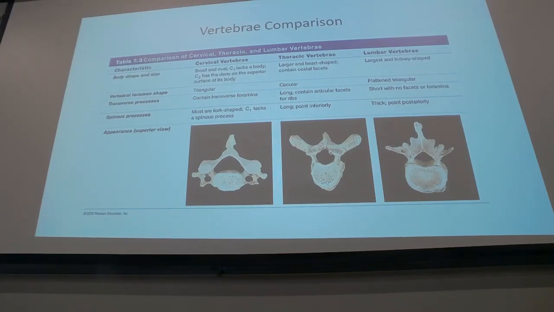This dens articulates with the atlas in the anterior arch, in the internal part, so that you can rotate the axis over the atlas, like saying no. And this process is easily broken when someone has a traumatic injury in the neck area or in the head area posteriorly.